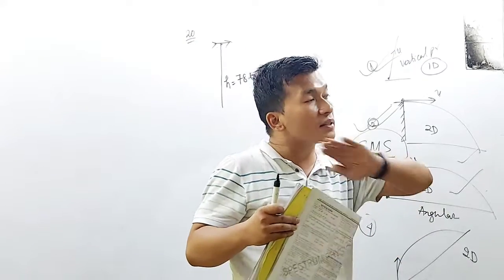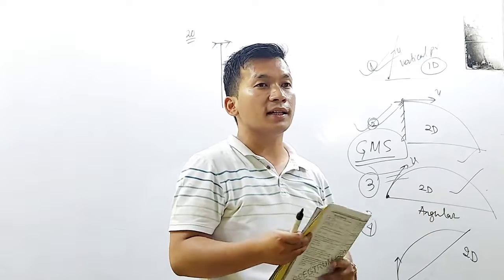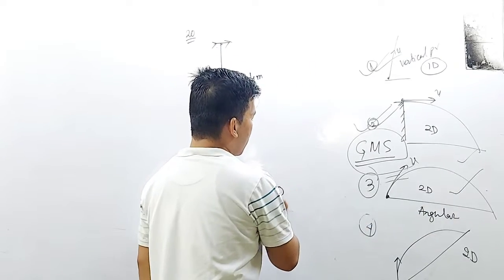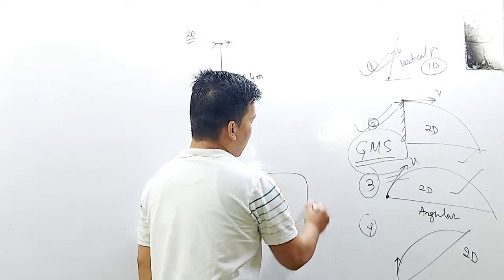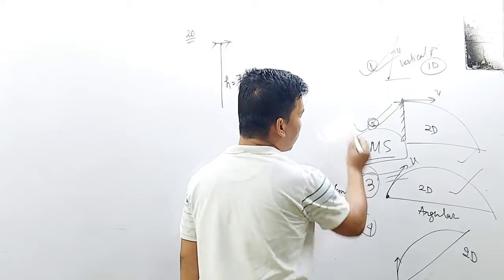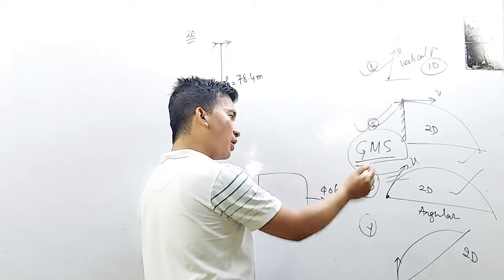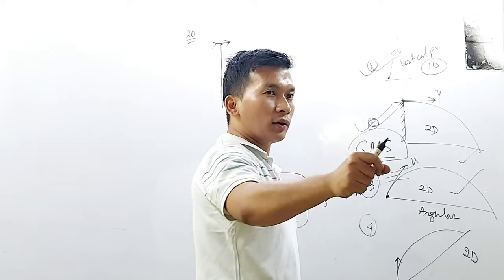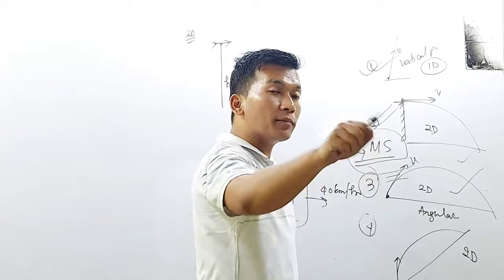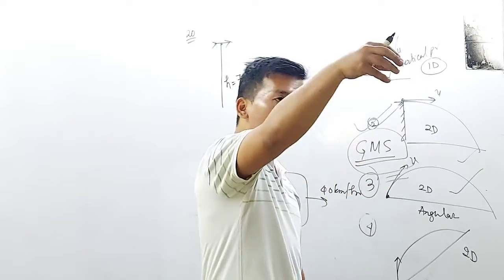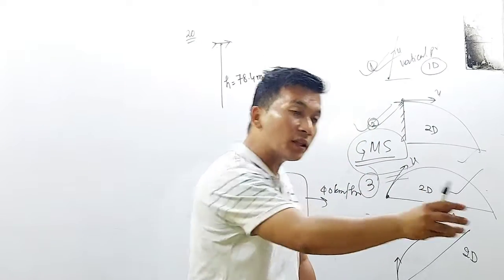Consider yourself inside a bus moving with 40 km per hour. Now you drop any object from the window of that moving bus. Will the object fall vertically downward or move in the backward direction?